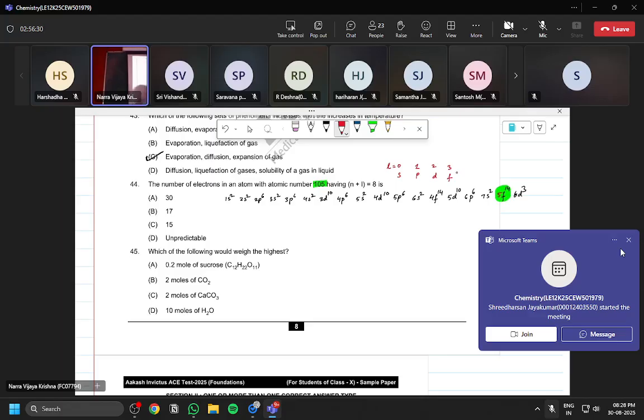What about 6d? 6d is 8. 7s is 7 only. 6p is 7, 5d is 7, 4f is 7, remaining all are less than 7. So 8 means only 5f and 6d, over 17. Correct? Right. Next.